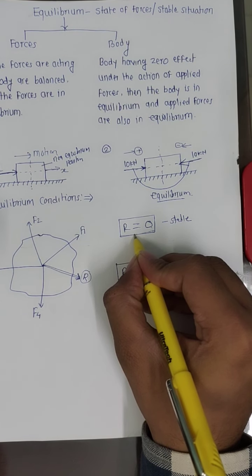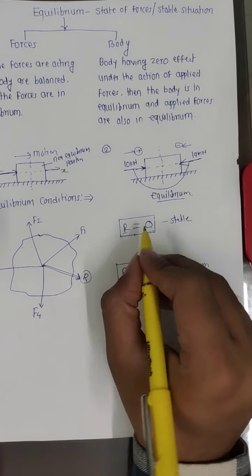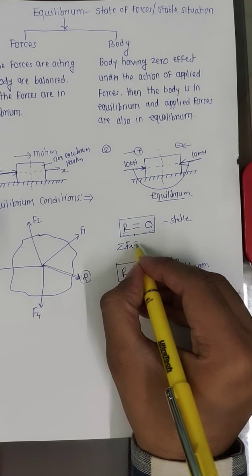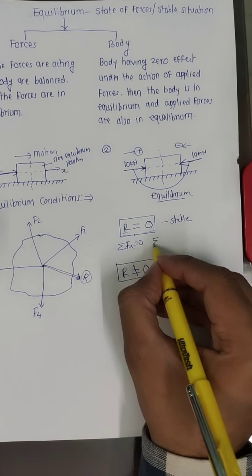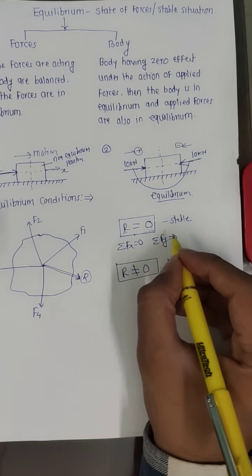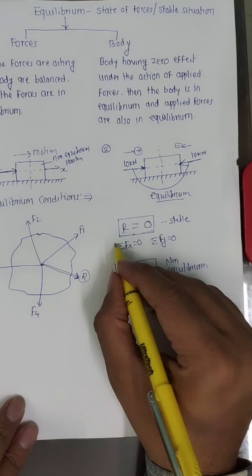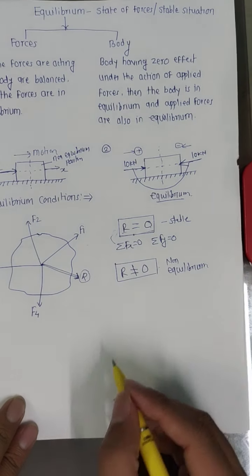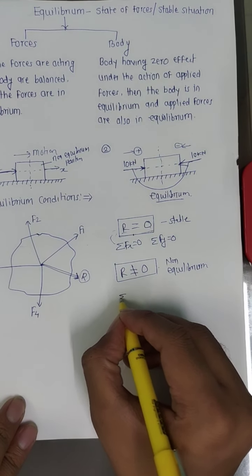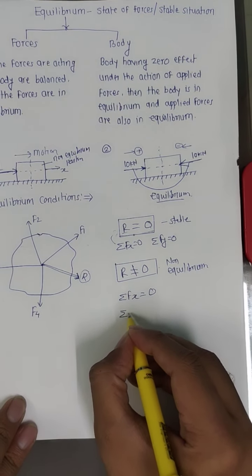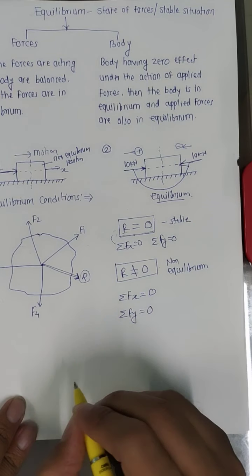Now, to find the value of R, we need two components: summation of Fx is equal to 0 and summation of Fy is equal to 0. Fx means the summation of all horizontal forces and Fy means the summation of all vertical forces. If these two are 0, then the value of R is 0 and the body is in equilibrium. So the equilibrium conditions are summation of Fx equal to 0 and summation of Fy equal to 0.